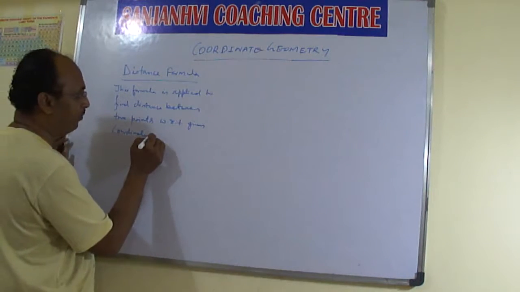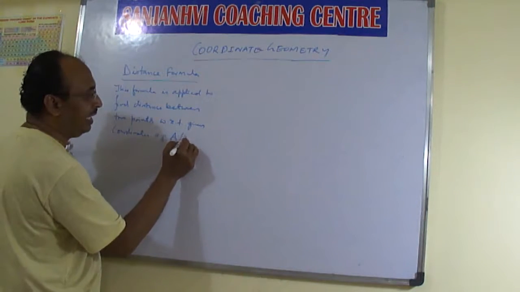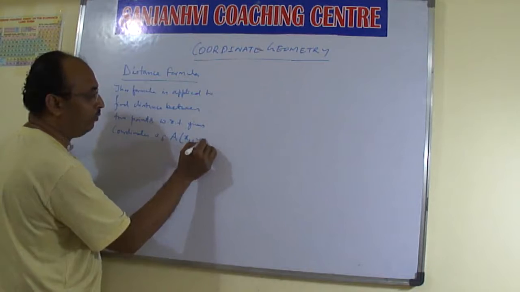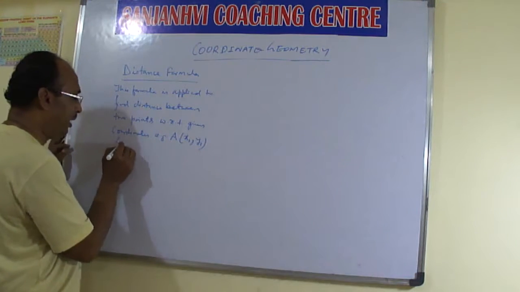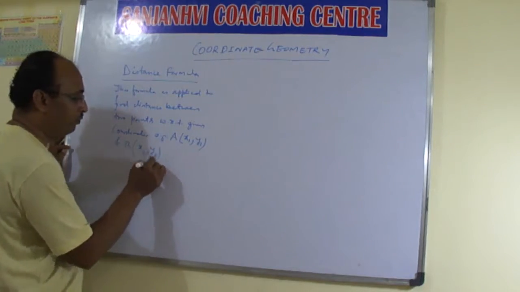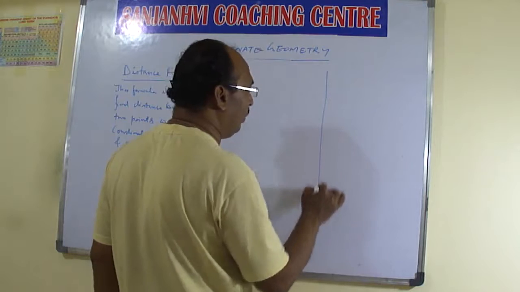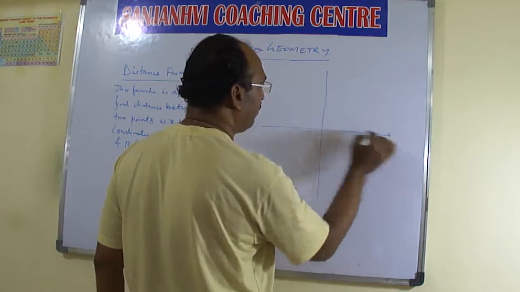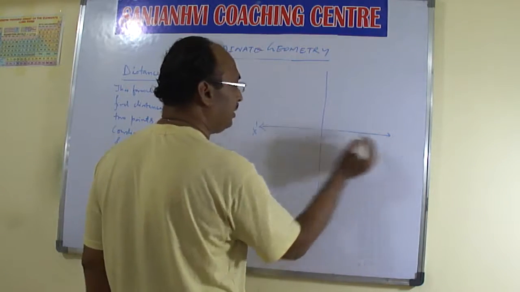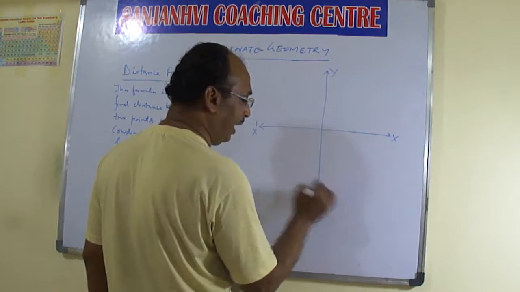For example, suppose point A is there at x1 and y1, and point B is given to us as x2 and y2. So suppose this diagram we are making. This is x dash, this is x, this is y, and this is y dash.